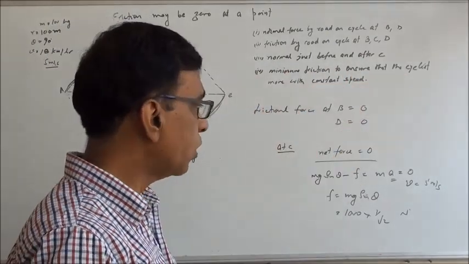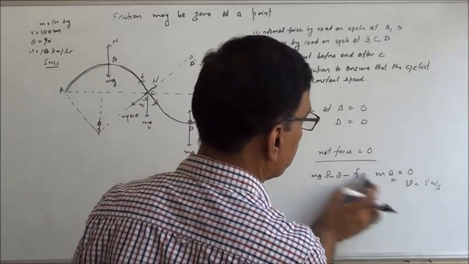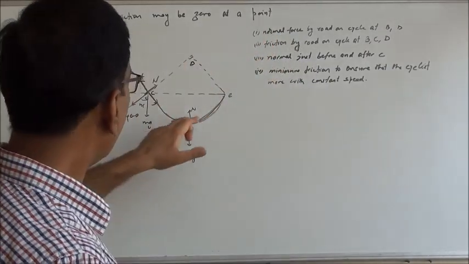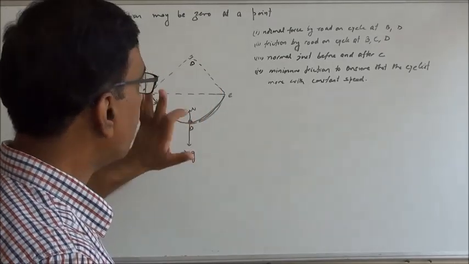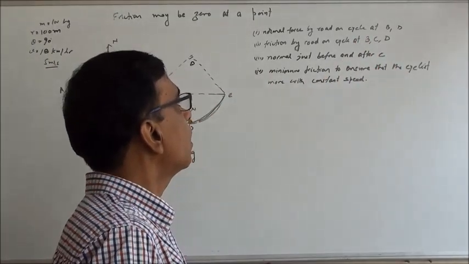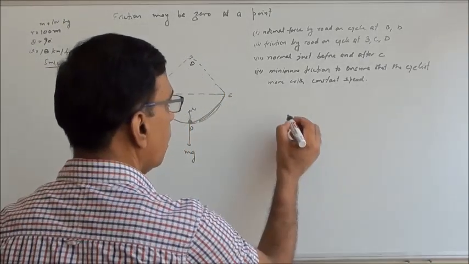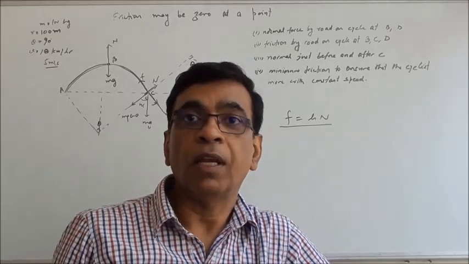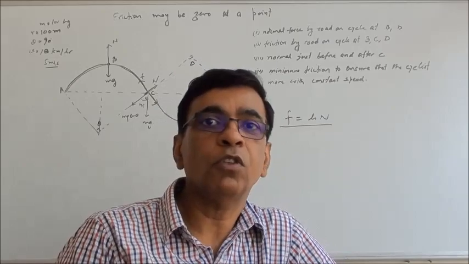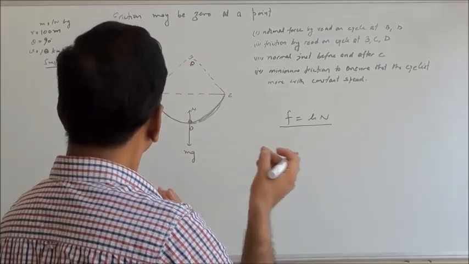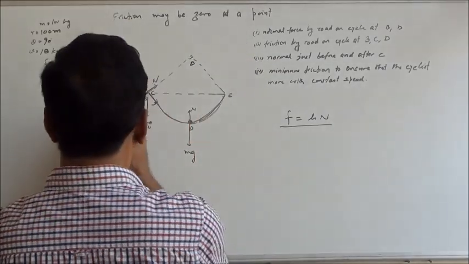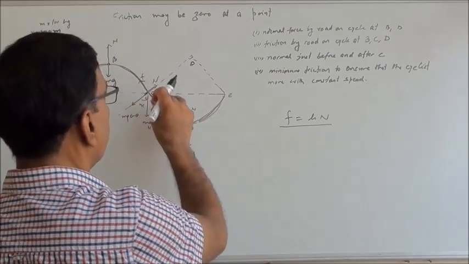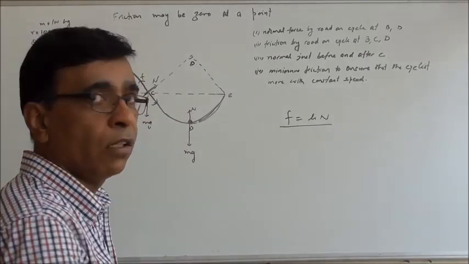So, minimum friction to ensure that the cyclist moves with constant speed. We have found the normal force at different points, friction at B, at C, at D. Now, the minimum force to ensure that the cyclist moves with constant speed: friction is mu N. It has constant speed, so frictional force is mu N, and we have seen that mg minus N is equal to mv square by r, N minus mg is equal to mv square by r, and at these points just before and just after, mg cos theta minus N is equal to mv square by r.